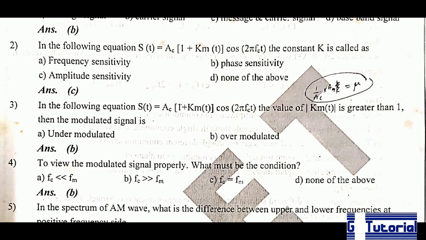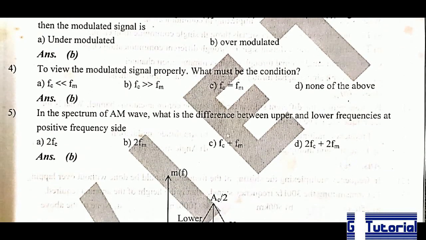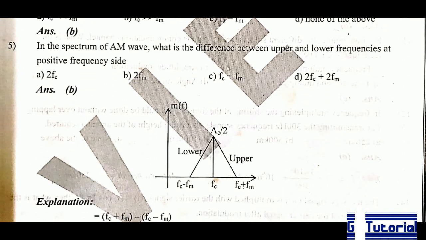Next question. In the spectrum of AM, what is the difference between upper and lower frequencies at positive frequency side? If you are plotting the spectrum of AM, at the positive frequency side the figure is like this. Fc is the center frequency. The maximum of the upper side band is Fc plus Fm, and the lower side band is Fc minus Fm.